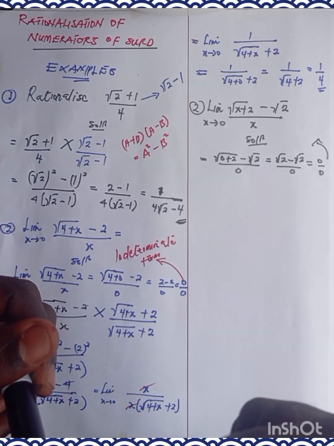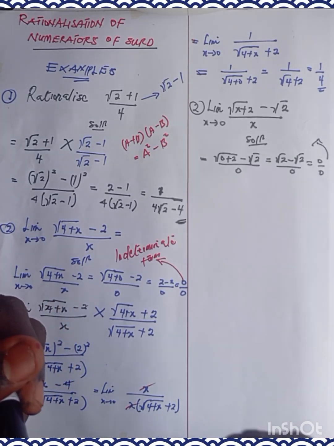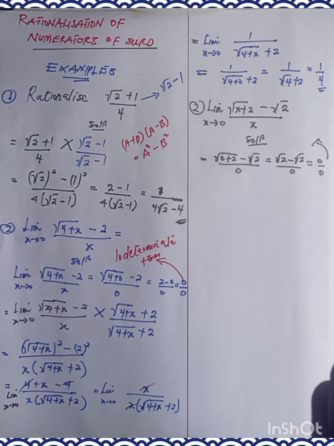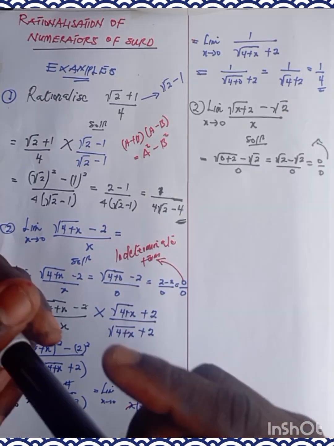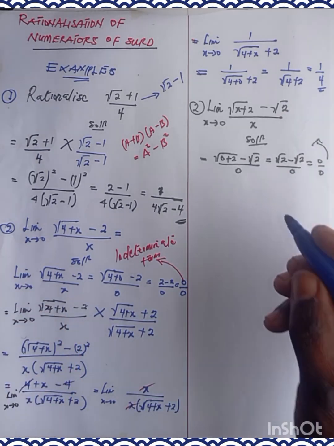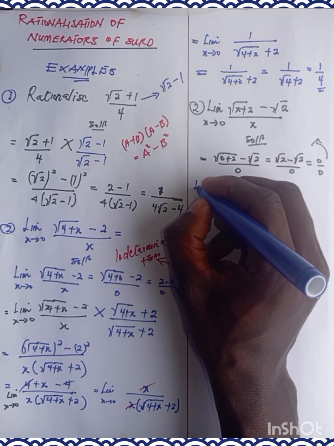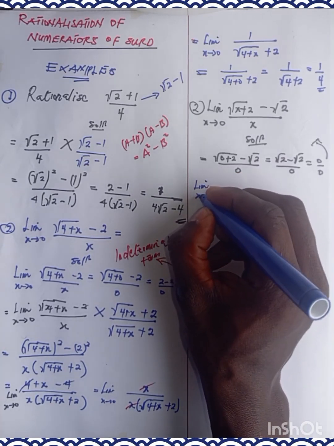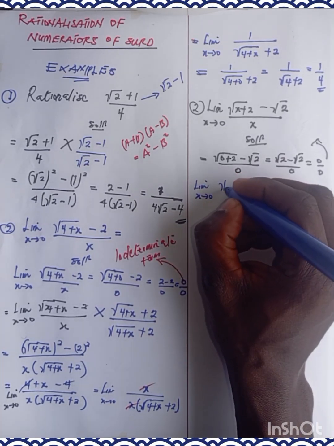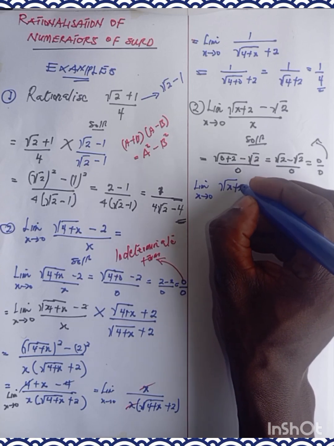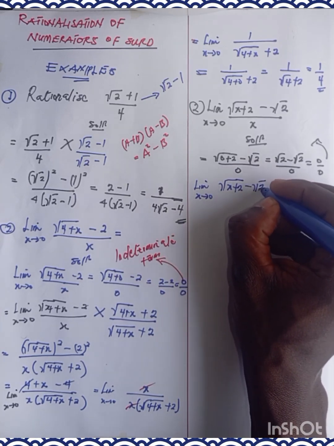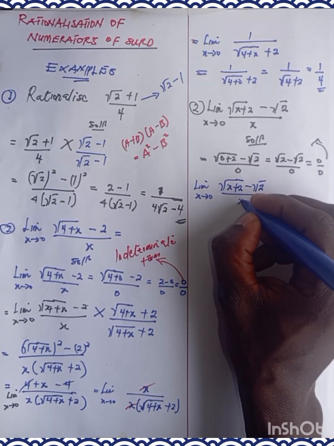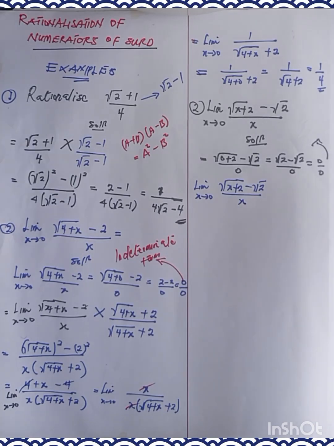So we have to massage the function by applying the concept of what? Rationalization of the numerator. So we have the limit as x approaches 0 of root of x plus 2 minus root of 2 all over x. So we rationalize the numerator.